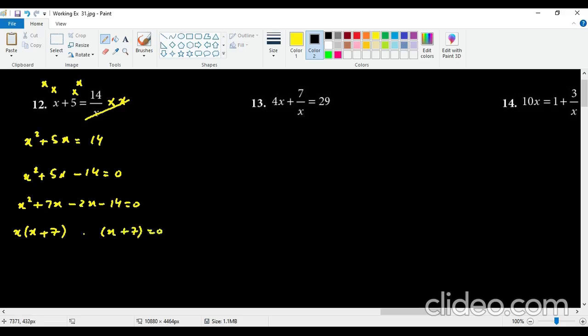So x minus 2 times x plus 7 equals 0. That means x minus 2 equals 0, and x plus 7 is also equal to 0. So the positive value of x is 2, and the negative value is negative 7. These two are the values for question number 12.